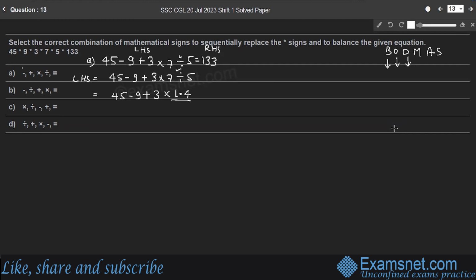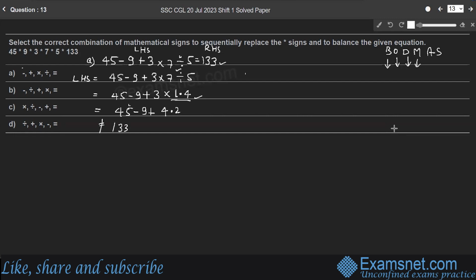At the end, you are going to get a decimal, which is not equal to 133. Moving further, 45 minus 9 plus 3 into 1.4. Next comes multiplication, so 3 into 1.4 is 4.2. If you operate addition and subtraction also, you will get a fraction which is not equal to 133.